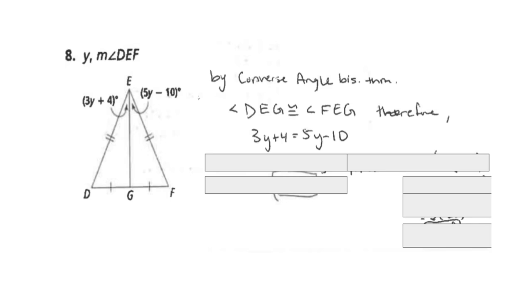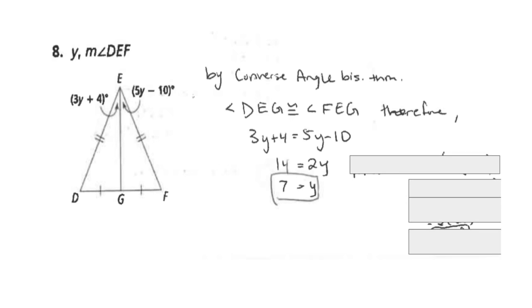And then after solving for y, we'll substitute into the DEF formula, right? But we know DEF is that total angle. So essentially, once we solve for y, we only need to solve for one of the angles and then just double it because they are both equal to each other.